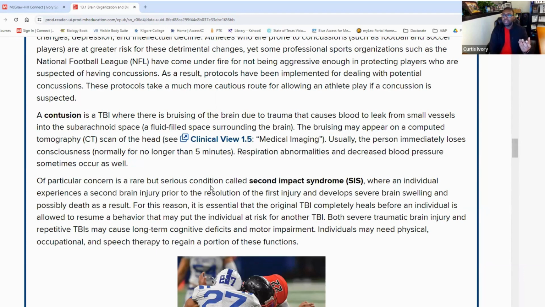Also understand that the reason why our stools and our urine are the color that they are is because of our red blood cells. You produce about 3 million red blood cells per second, and they only have a lifespan of about 90 to 120 days. So they're only going to last for a certain amount of time, and your body has to get rid of them. There's two ways your body gets rid of them.